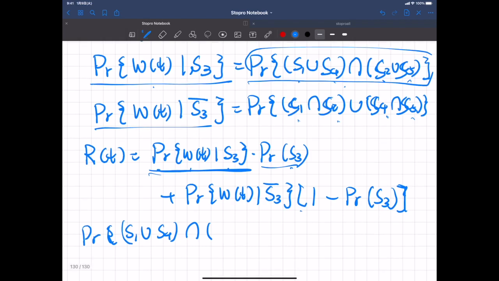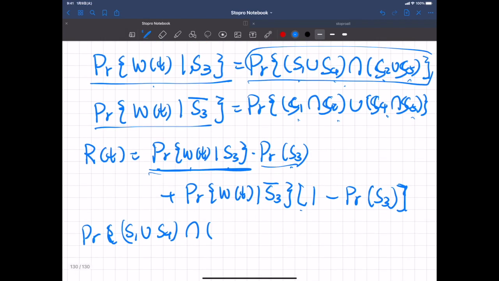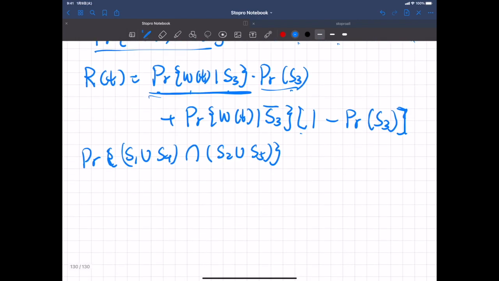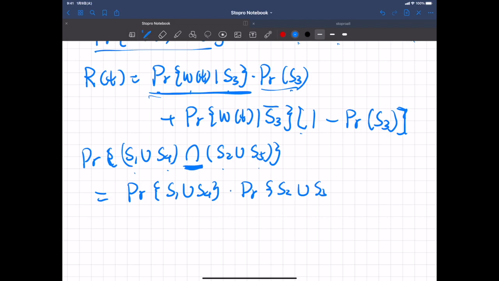It's confusing, but yeah, so S2 or S5. Since all the components are independent, this conjunction can be split into the product: S1 or S4 times S2 or S5.